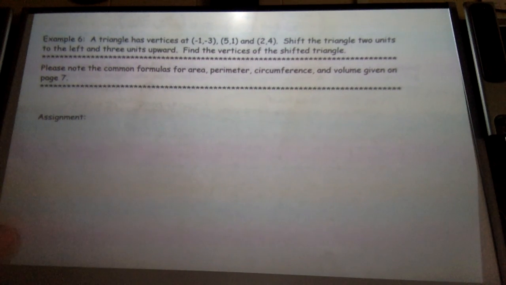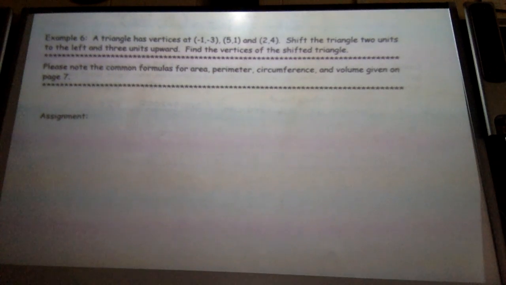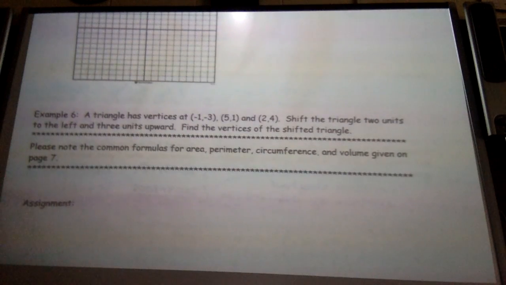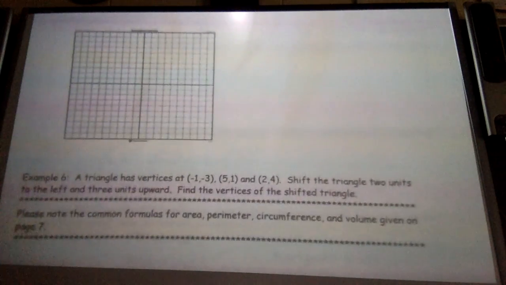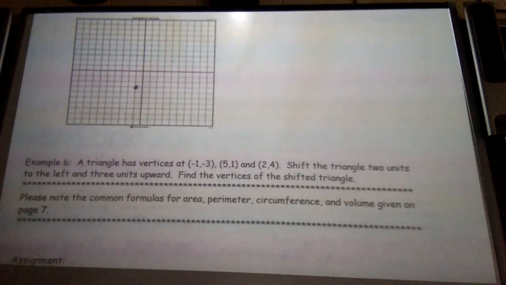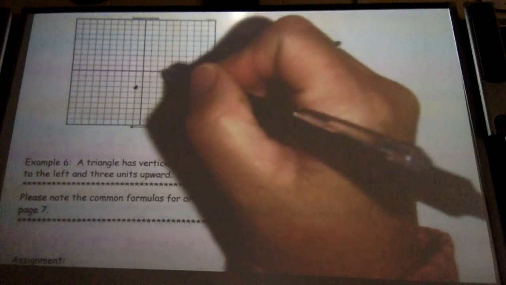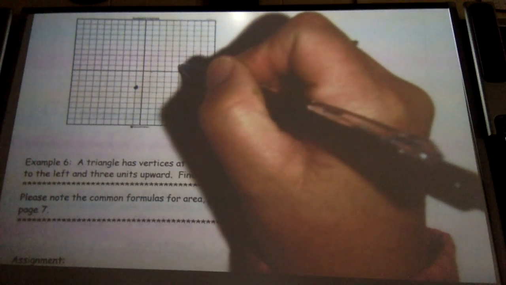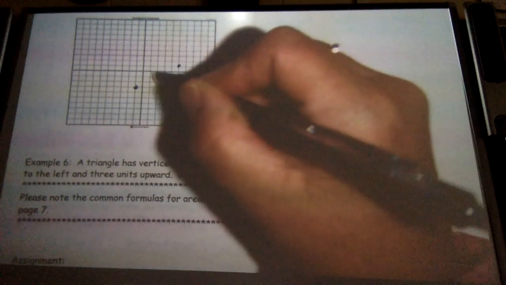All right, a triangle has vertices at -1, -3, 5, 1, and 2, 4. Let's graph our triangle. So -1, -3, 5, 1, and 2, 4.